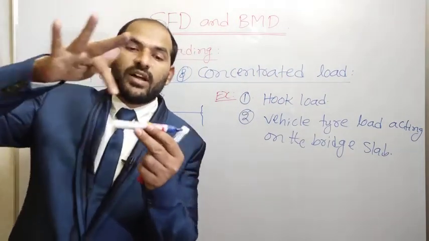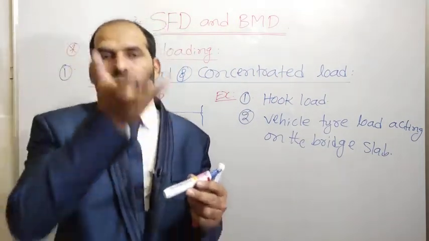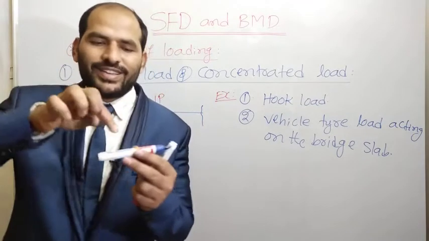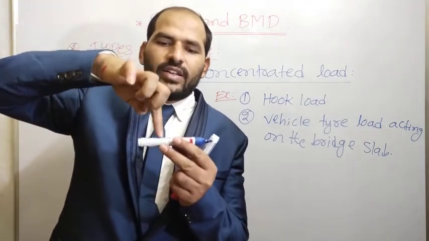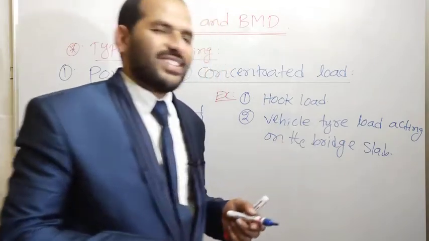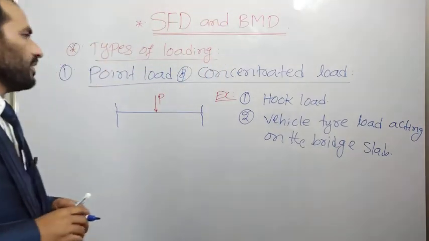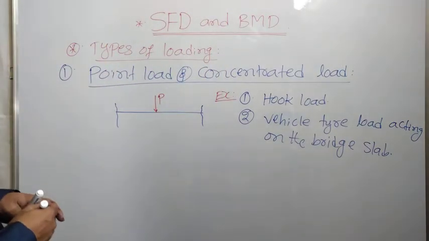This is the bridge slab. The vehicle load, that is the tire load, is acting like this, right? This is also considered a point load. So this is the point load.